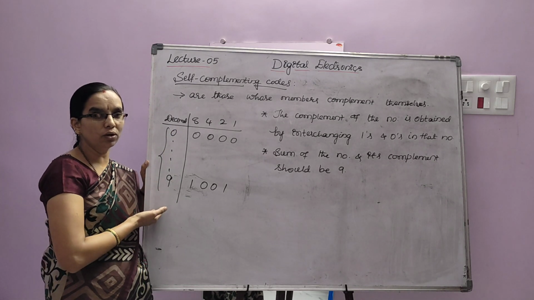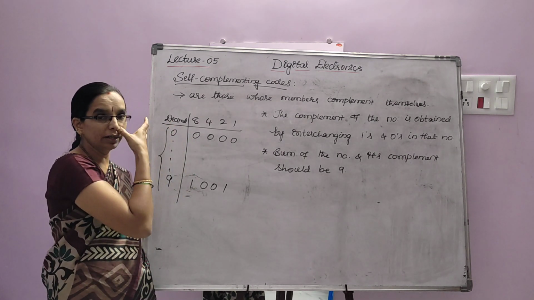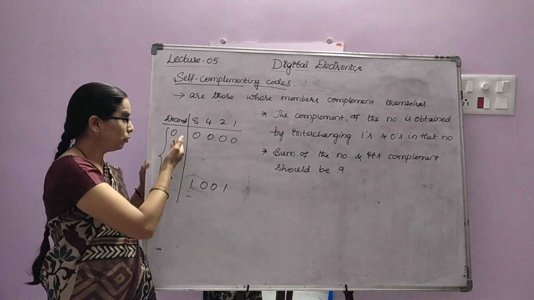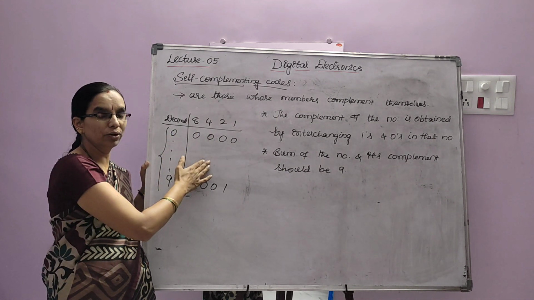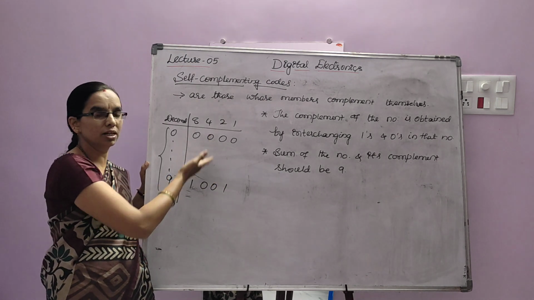So if you code these 10 symbols into a digital code, then any decimal number can be represented using these digital codes.